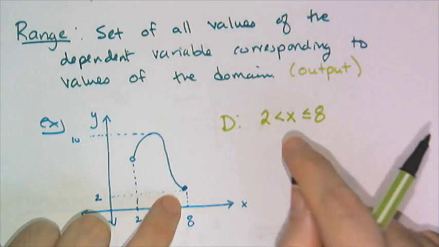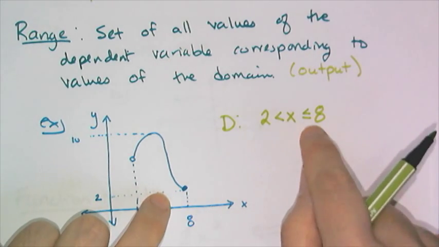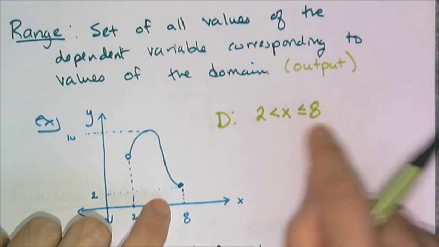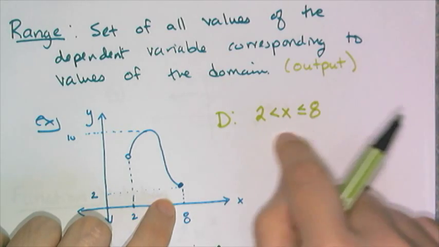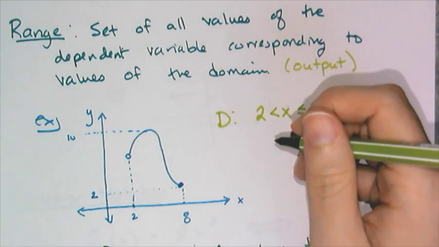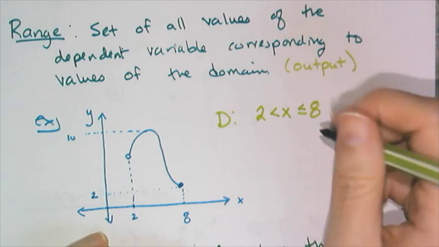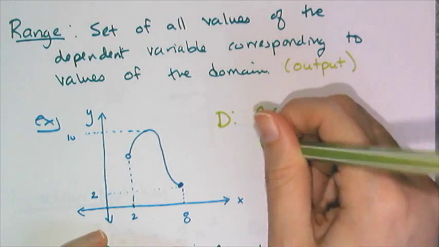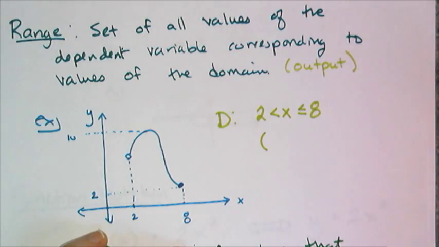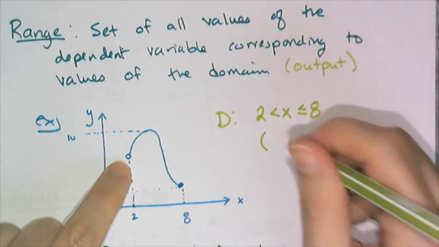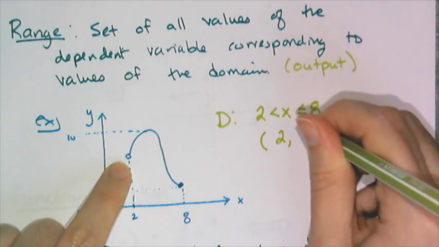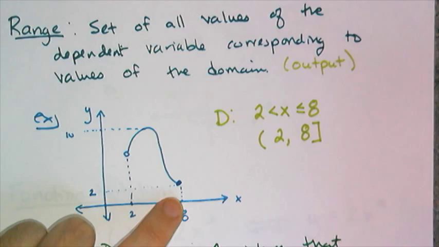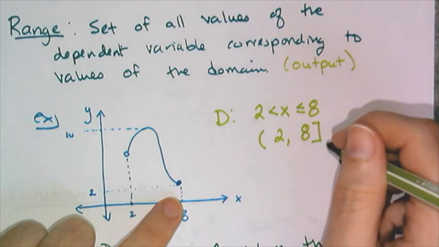Now, another type of notation you can use to express domain and range is interval notation, and that gets rid of the inequalities and uses parentheses and brackets. And if you remember interval notation, I use parentheses to show an open or exclusive boundary, and then I'm going to use a bracket to show a closed or inclusive boundary.